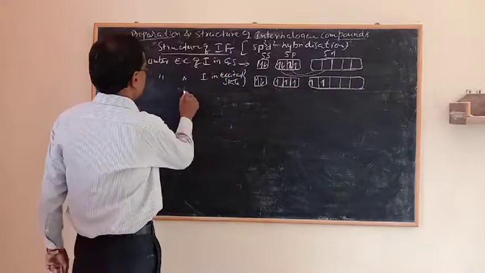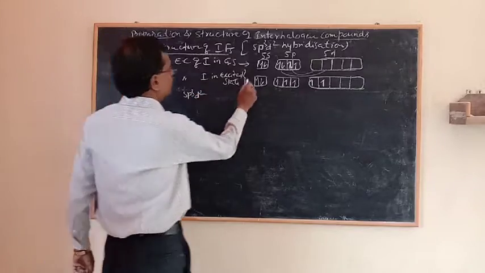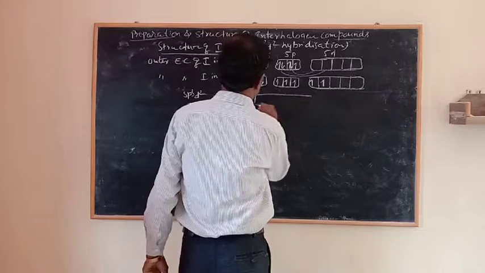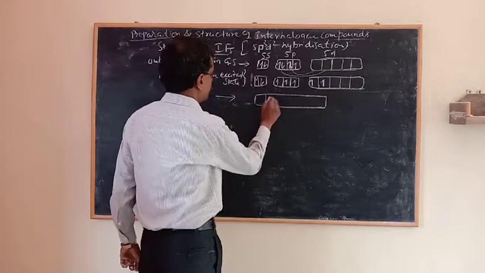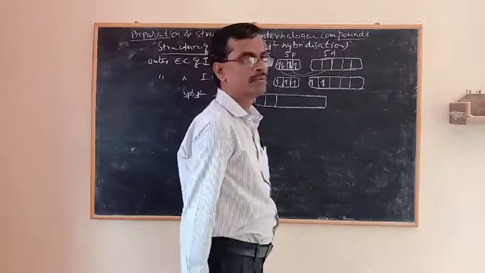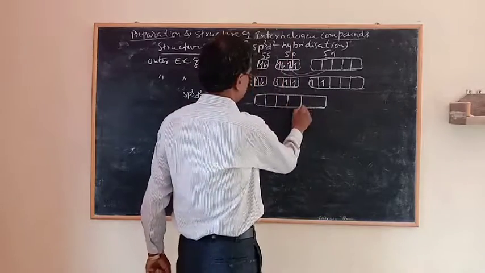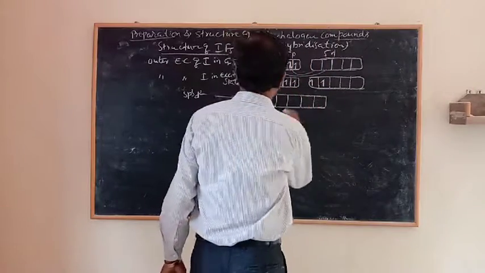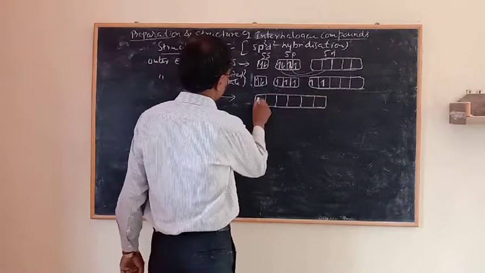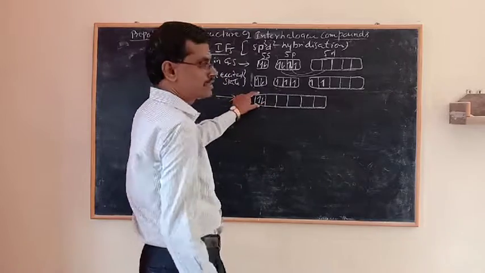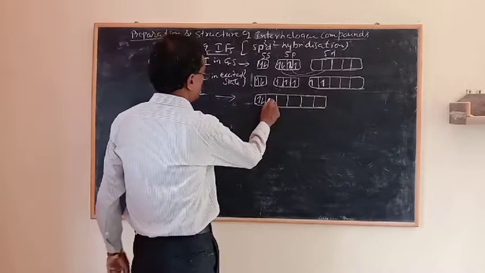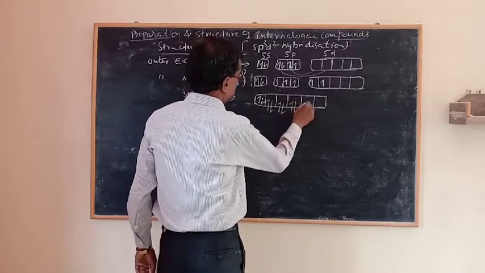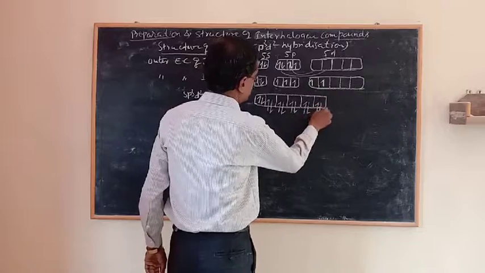This forms the sp3d2 completely. Among these 6 orbitals, 1 orbital is having 2 electrons, others are 5 valence electrons. They will form the bonds like this.